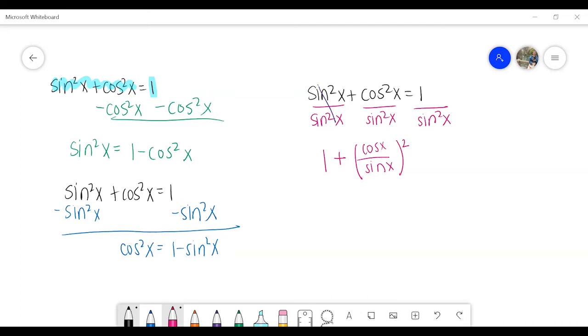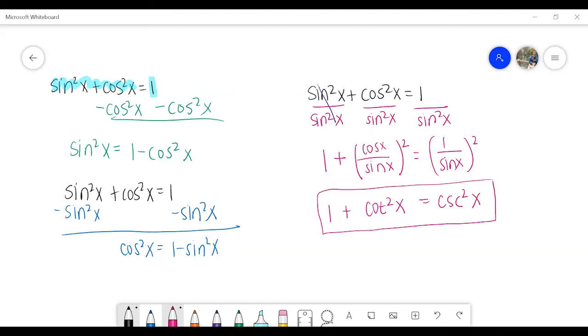But cosine over sine is cotangent, so this is cotangent squared x, equal to, again, technically 1 over sine x quantity squared, but that's a reciprocal identity, and so this gives us cosecant squared x, and that's a second Pythagorean identity.